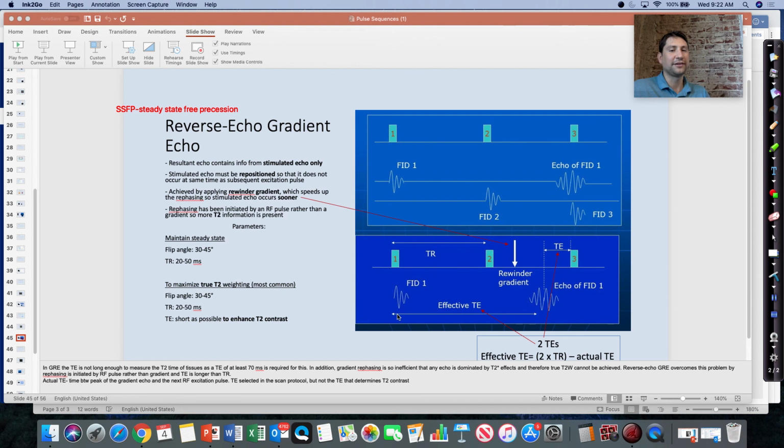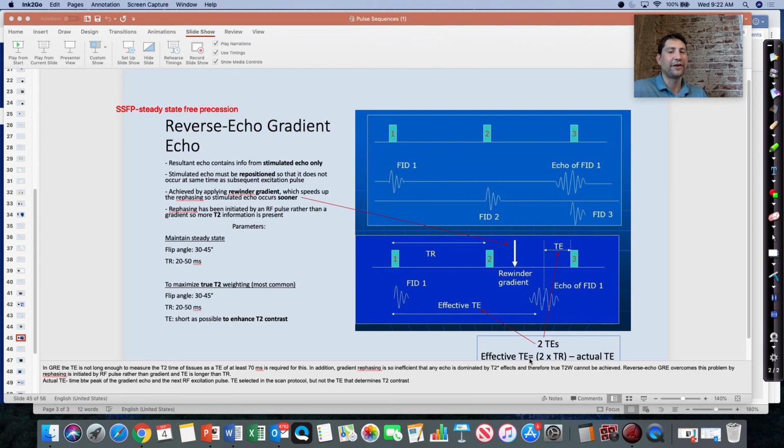You get your effective TE from your first excitation pulse to when the actual stimulated echo occurs. And then the TE from when it normally should be occurring right here, but due to our rewinder gradient, it occurs a little bit earlier. This TE is our second TE, the time that it has reduced, and it occurs a little bit sooner.